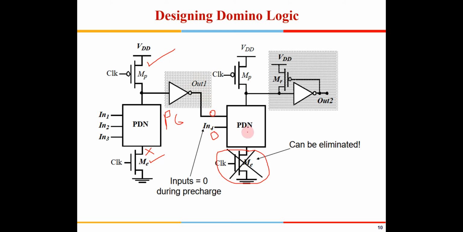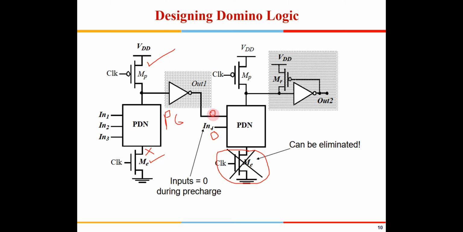The purpose of this is to disable the PDN network during the pre-charge period. So that is as such disabled, because all the inputs will be 0 here, right?